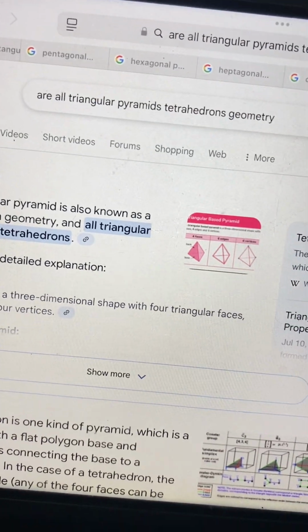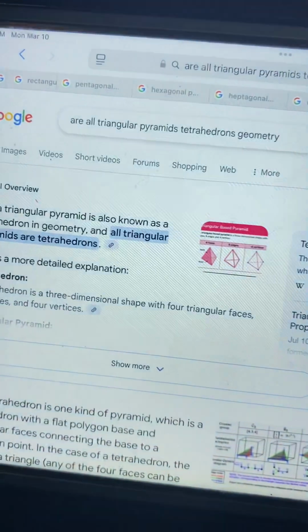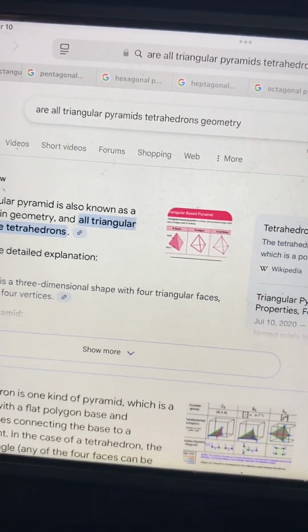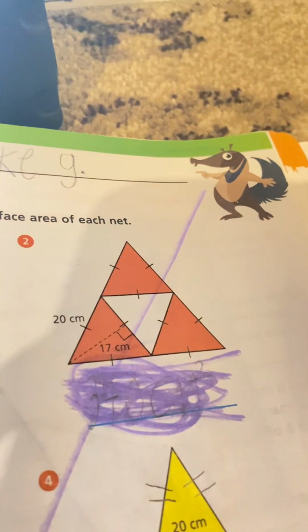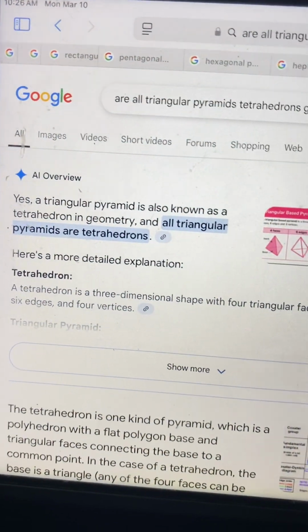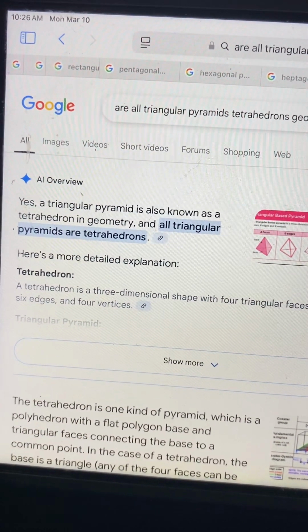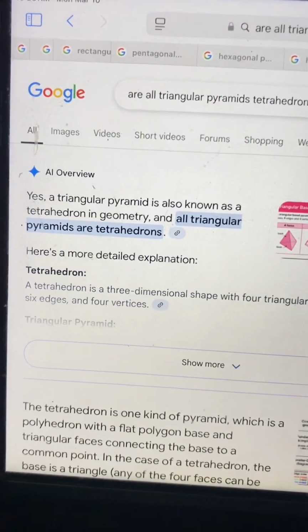Both have triangular lateral faces, which define a pyramid. A pyramid must have triangular lateral faces. So guess what? All triangular pyramids are tetrahedrons, and all tetrahedrons are triangular pyramids. So, it's a remarkable shape.